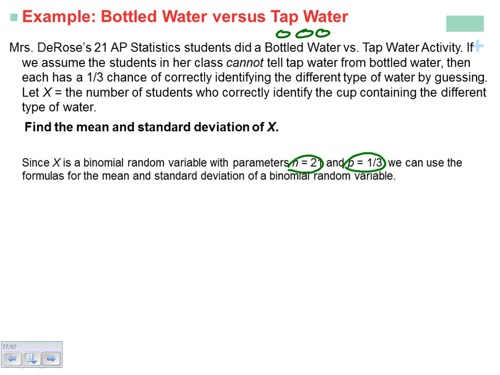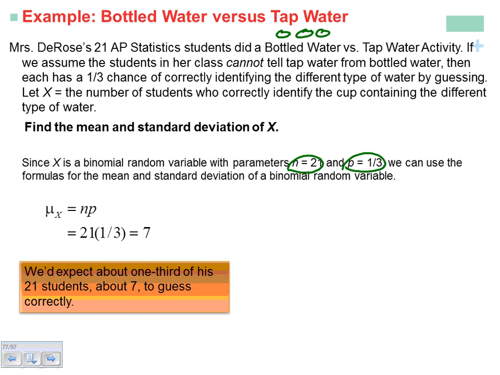All right, so we're going to use our formulas for this. I know that my formula for the mean is n times p. Well, n is 21, p is 1/3, so the expected value would be 7. So we'd expect about 1/3 of the 21 students, about 7, to guess correctly.